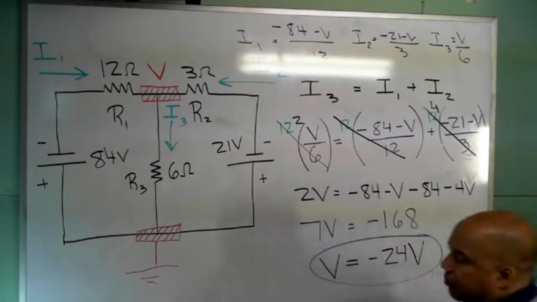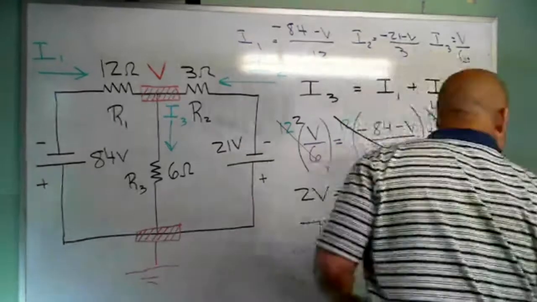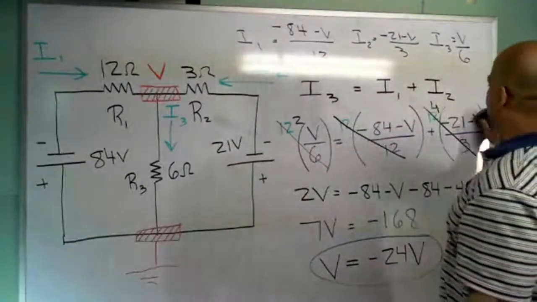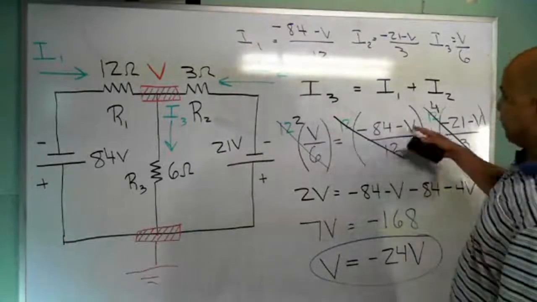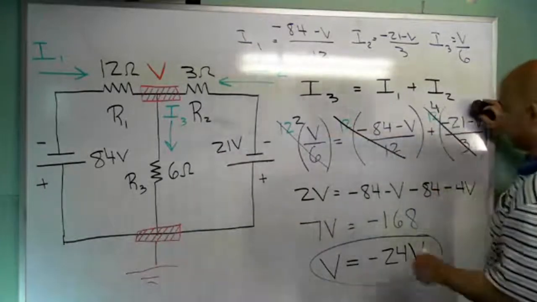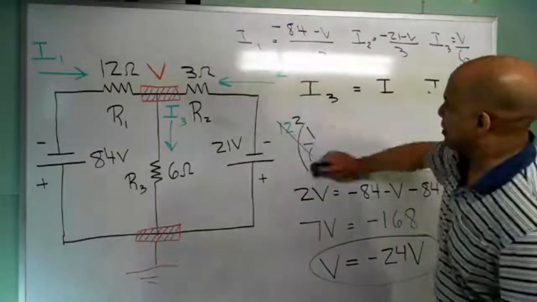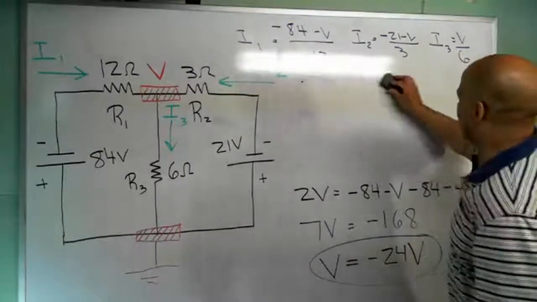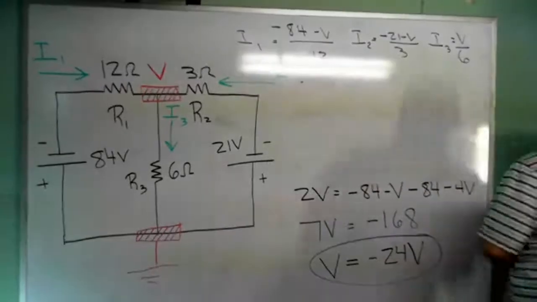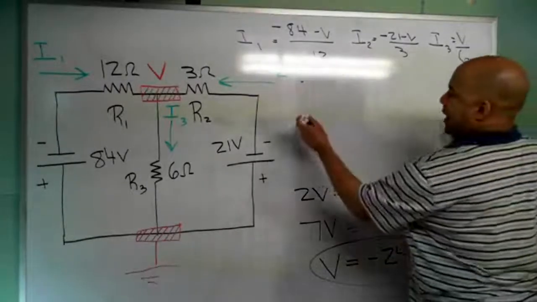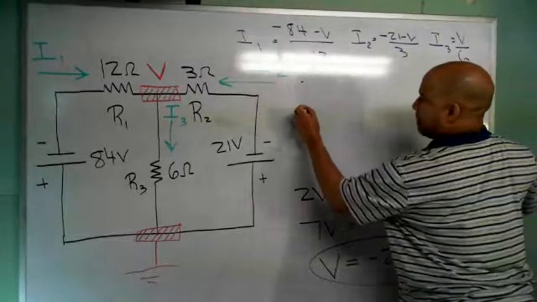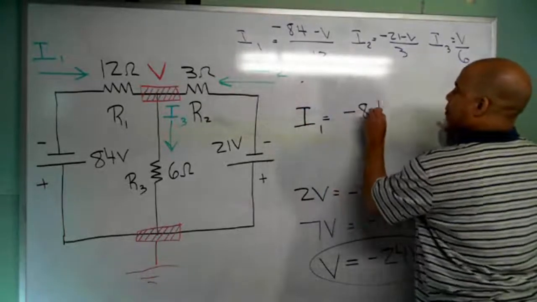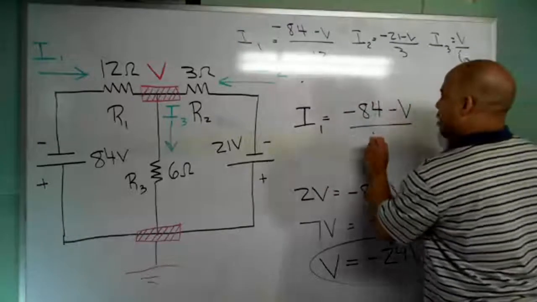So to finish it up, you go back to the original definitions that you set up for I1, I2, I3, and we just substitute in for V, and we got our answer. So I'm going to clean this up so you can see what I'm doing. Originally we said I1 was minus 84 minus V over 12.